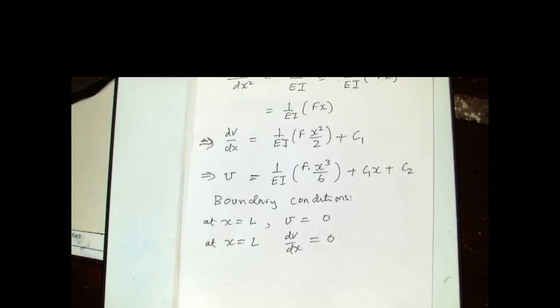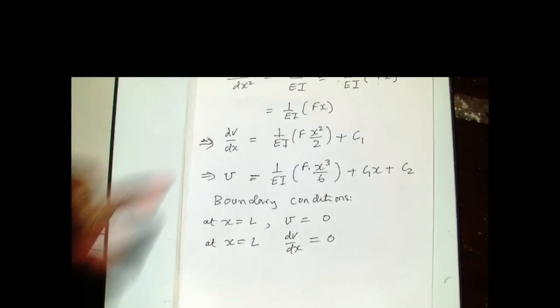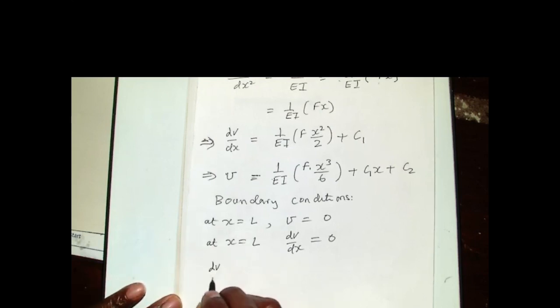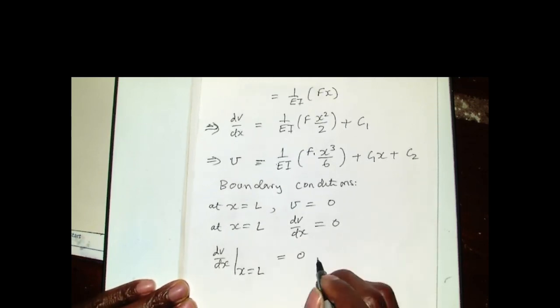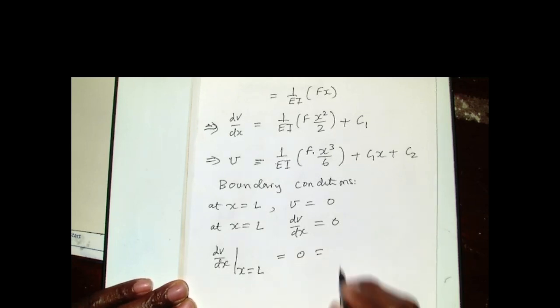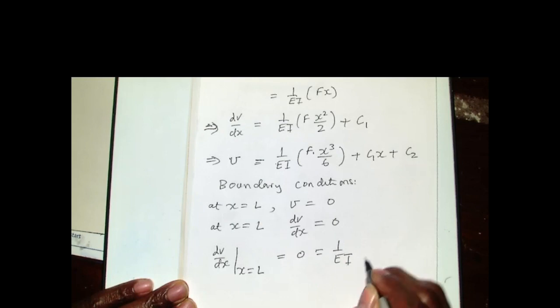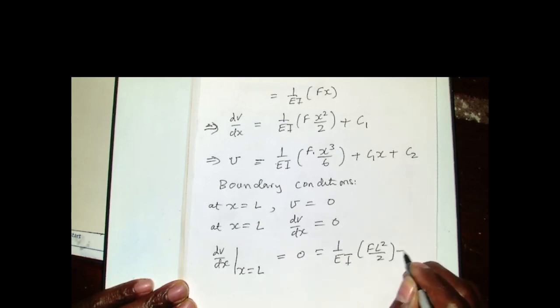So if we start with the one with dv dx first, okay? I'm going to say dv dx at x equals L equals 0, and I'm going to put x equals L in that equation. I'm going to have 1 over EI, F L squared over 2, plus C1.